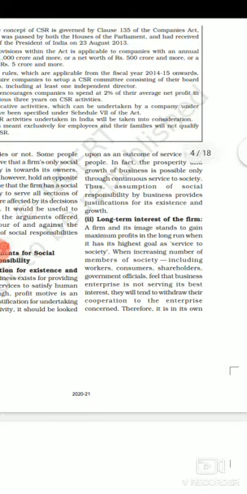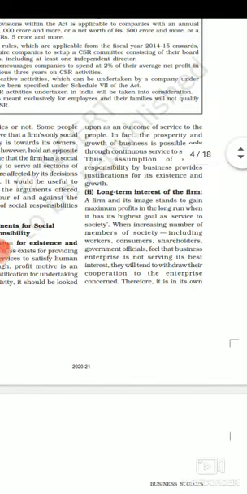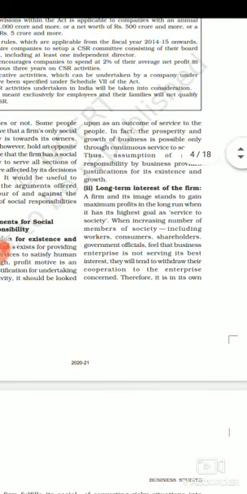Now the next reason for going with social responsibility is the long term interest of the firm. This says that if a firm has made its image only about getting maximum profit, right? Then for a short time they can try to avoid services toward the society and can get profit. But this way they will not be able to make a good image in front of society's people, like workers, consumers, shareholders, and government officials.